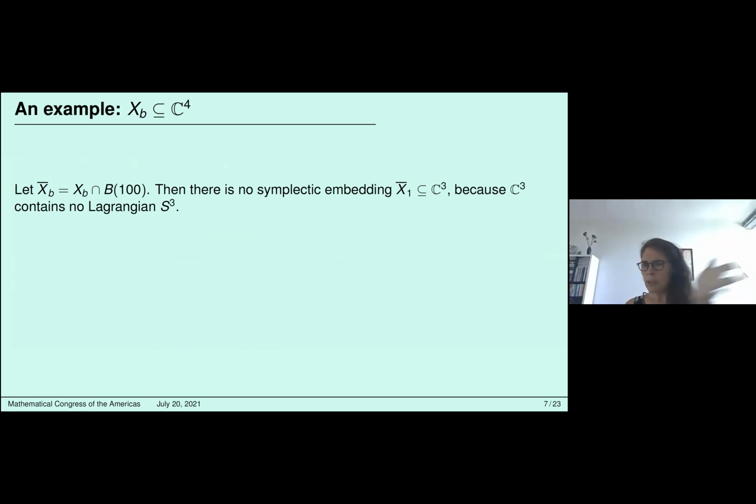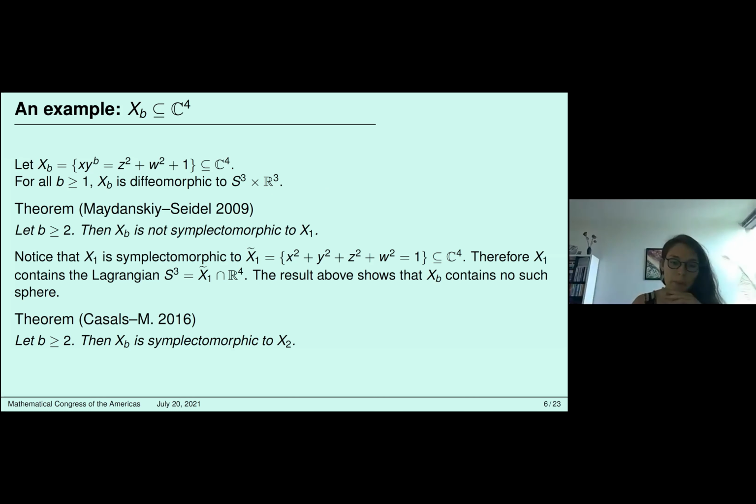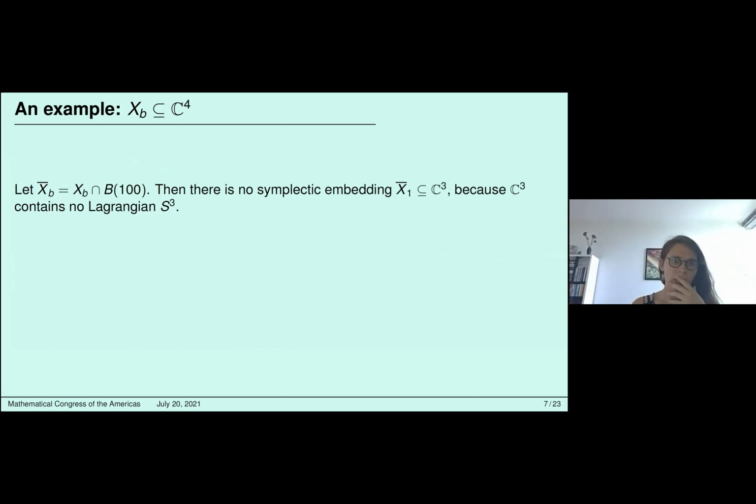Okay, great. So we have this one-parameter family of manifolds. Now something else I want to talk about is the embeddings of these things. The first thing I'm going to do is intersect them with a ball of radius 100. That's just to get a compact, bounded space, because I want to talk about embedding it into other spaces, in order to ignore questions about going to infinity.